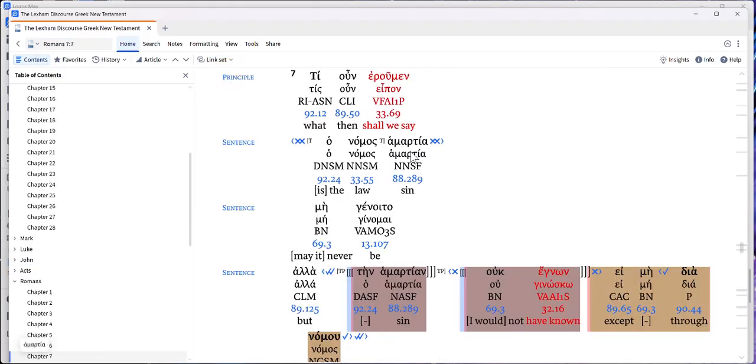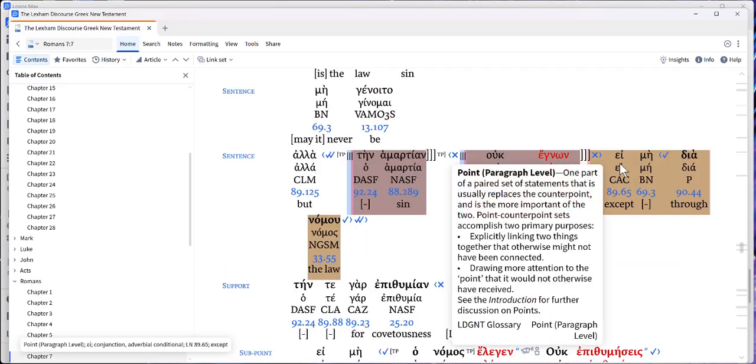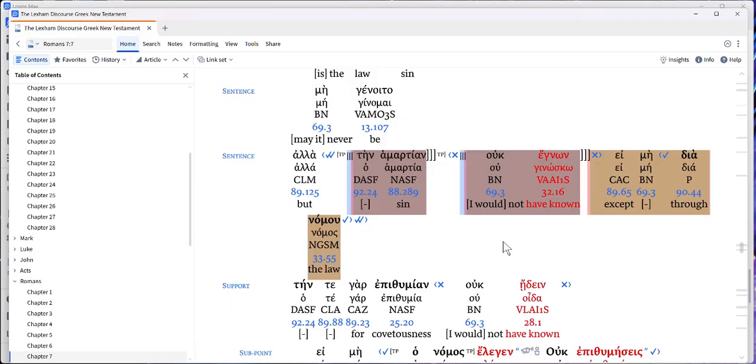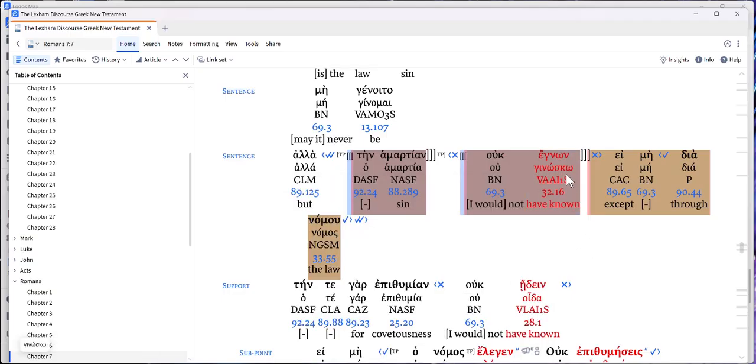So we're looking for our ifs right here. Here's the condition, and this is an aorist tense, I believe.